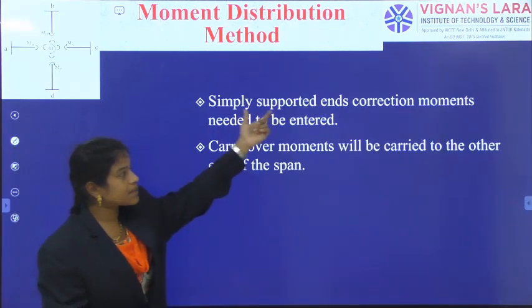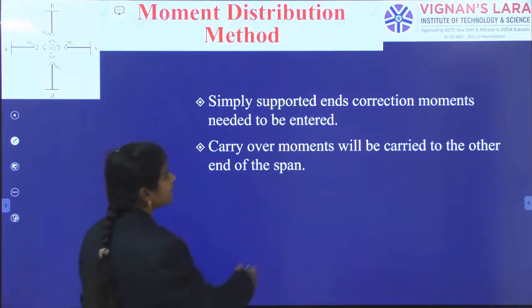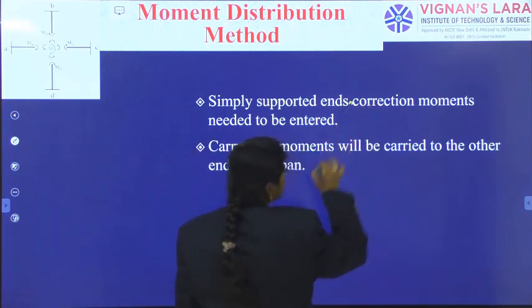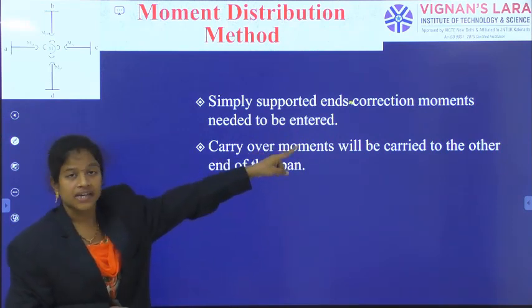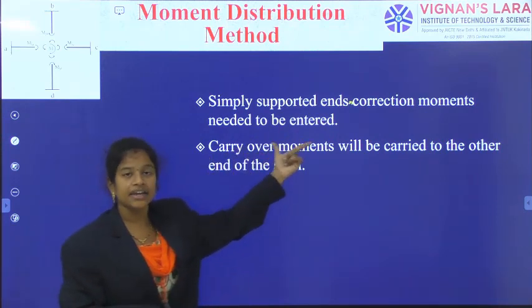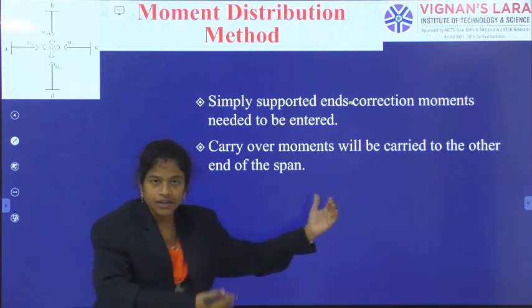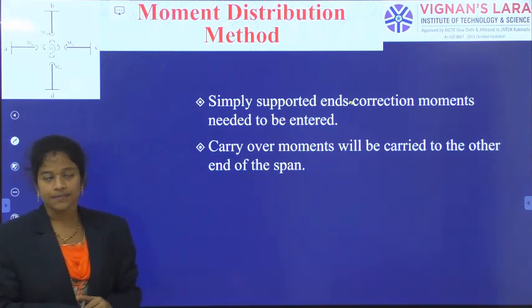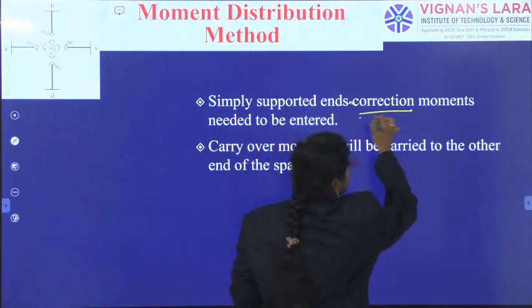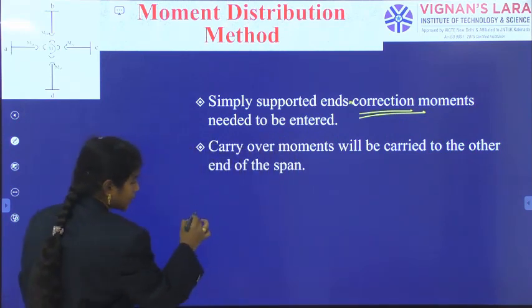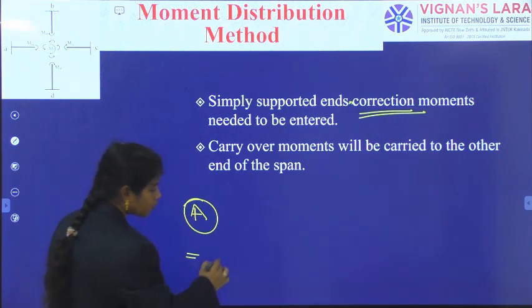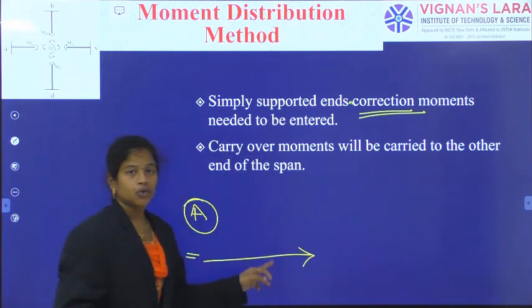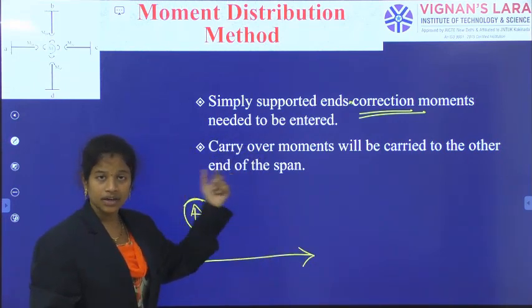Due to the simply supported ends, the correction moments need to be applied, and also due to those correction moments, the corresponding carryover moments will be carried to the other end of the span. Okay. So as I am adding the correction moment at point A, the carryover moment will be given to the other end of the span. Okay.